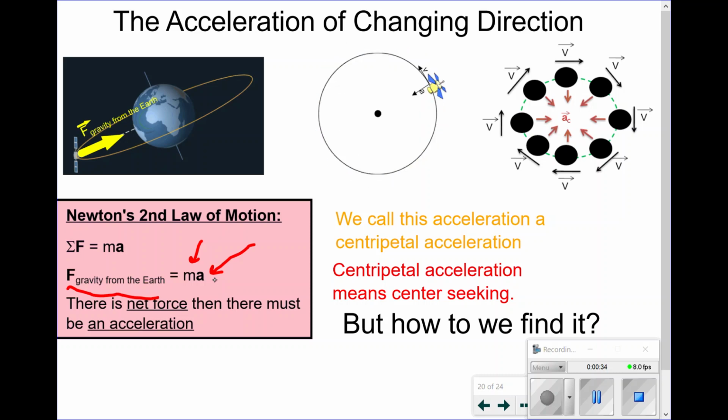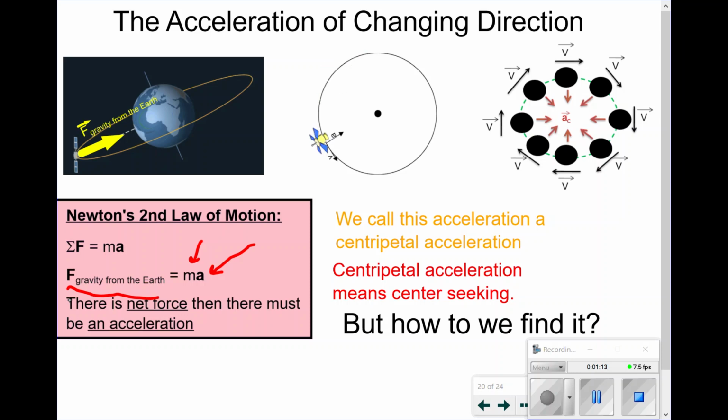So we could easily find the mass of the moon or the satellite if we knew the force of gravity pulling on it and was able to calculate the acceleration. Likewise, if we knew what the mass of the satellite was and the acceleration, we could actually then go ahead and find the force of gravity created by the Earth. And then knowing that force of gravity, calculate things such as the mass of the Earth.